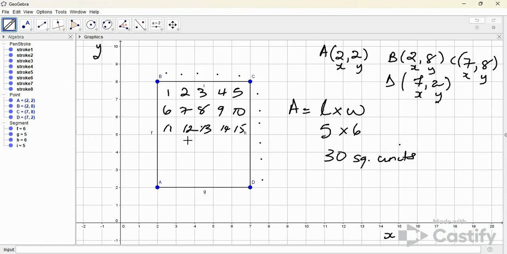Counting the squares: 14, 15, 16, 17, and so on up to 29. Oh, that 29 looks shaky. 30. Okay, and that's how you would plot points on the Cartesian plane using your x and y values.